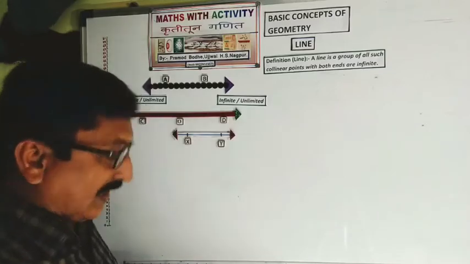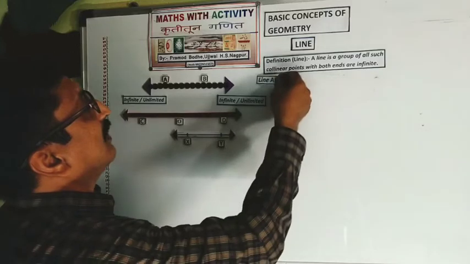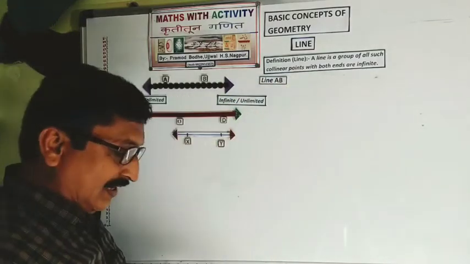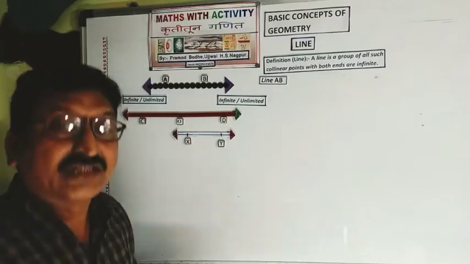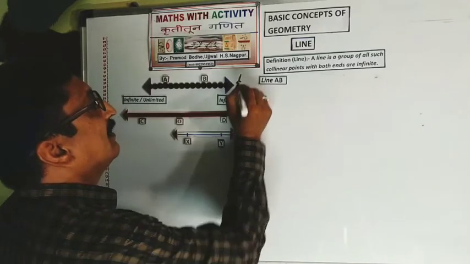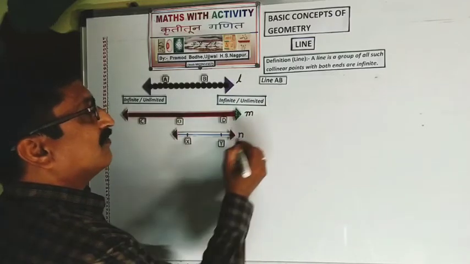Then while writing or reading the name of this line, we can use line AB. Similarly, this line can be shown by a single small alphabet also. Suppose I write here L, there small m, and here small n.